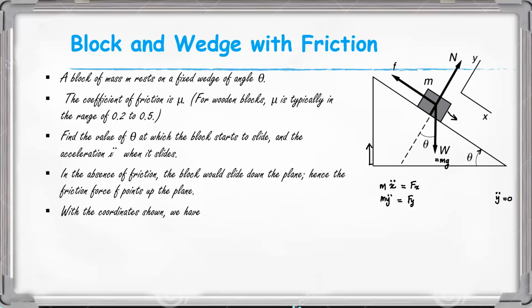And when the wedge moves like this, what will happen? Gradually, the normal moves this side, this side, and gradually it reaches this position.